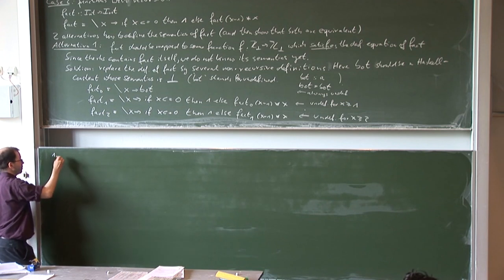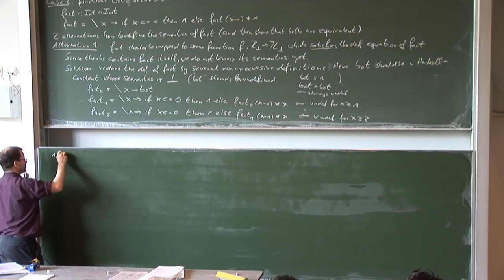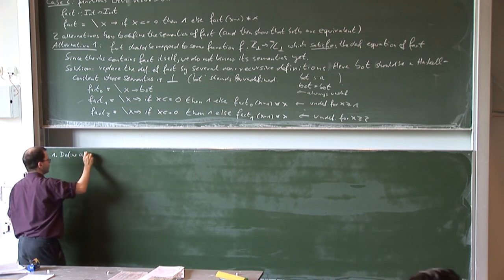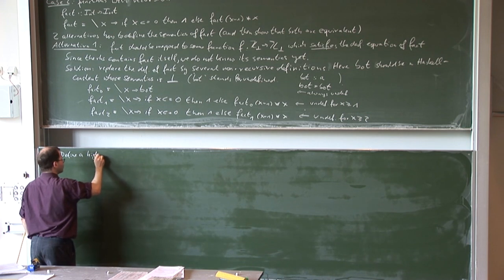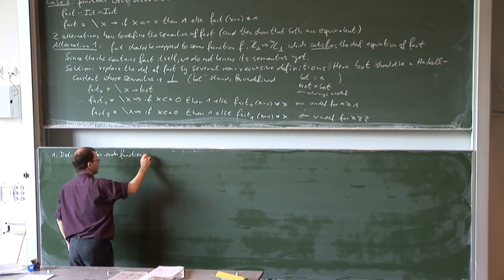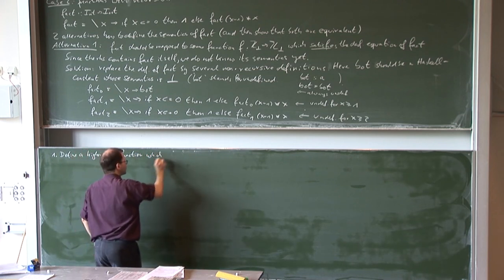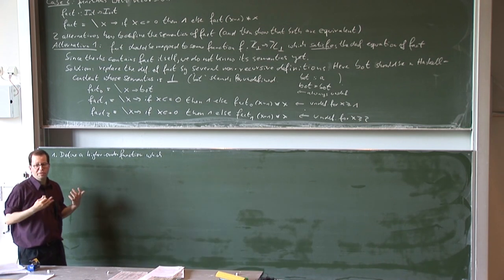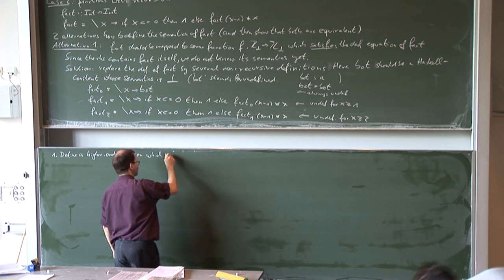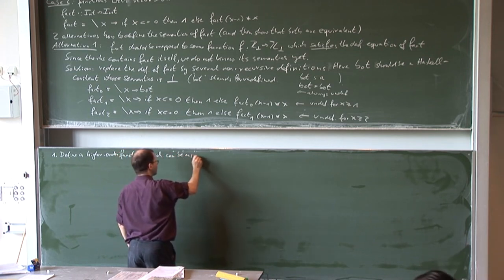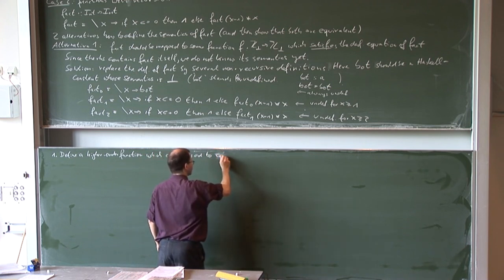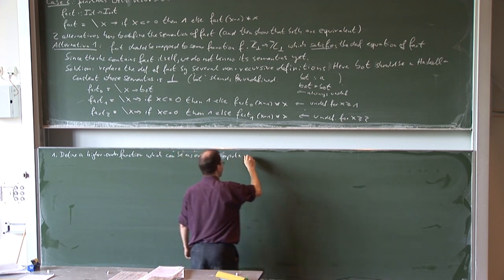So the first step would be to define a higher order function, which would refine approximations, so which can be used to build more and more refined approximations to the original functions.